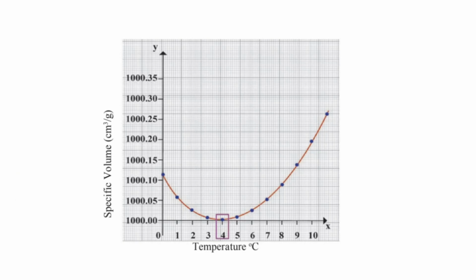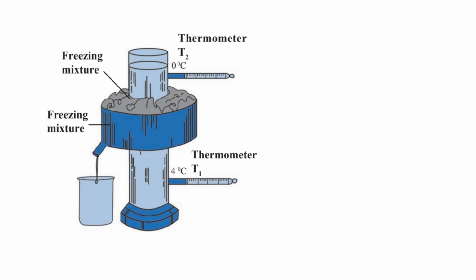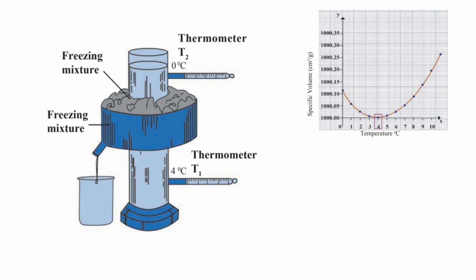To understand this phenomenon more nicely, we have Hope's apparatus, which is this, which we are going to study with respect to this graph. Let's see this apparatus in detail. So, we have a cylinder here which contains cold water. The cylinder is surrounded by a freezing mixture jacket. There are two thermometers attached to this cylinder. One is above the jacket and one is below the jacket.